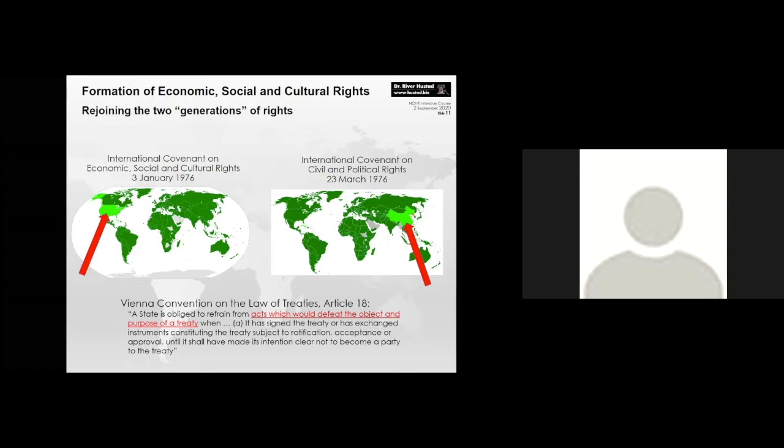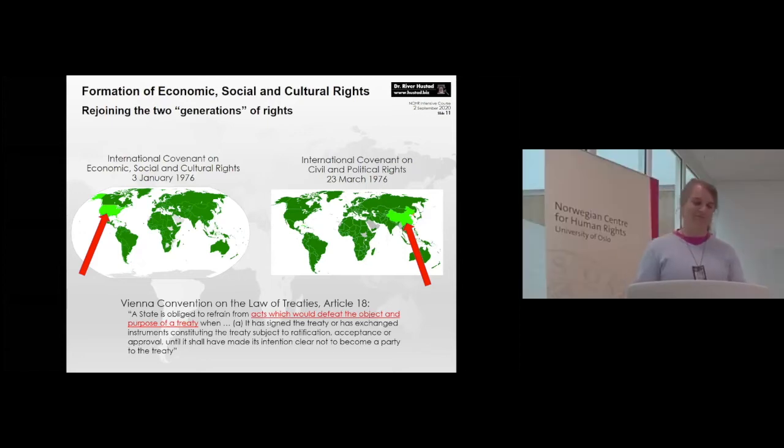Of course, the provisions can be useful for many African countries, despite the lack of representation. But still, semantically, we can't really say there was a global conception of human rights during the drafting process. So that's all. Thank you very much.